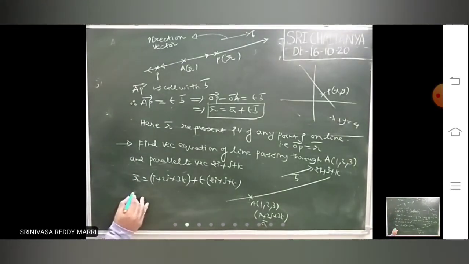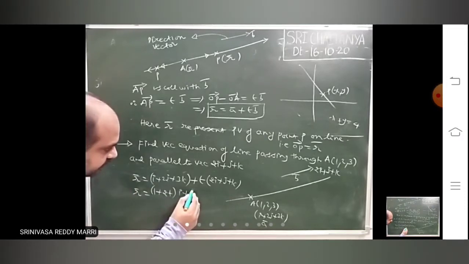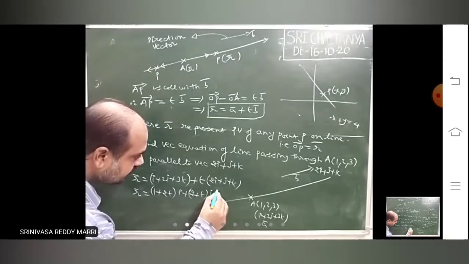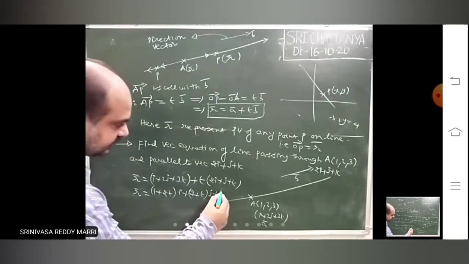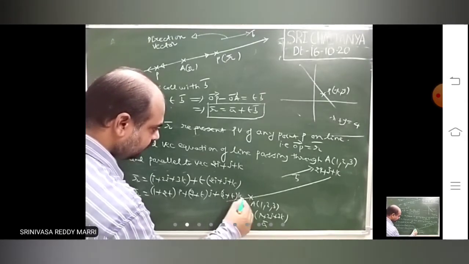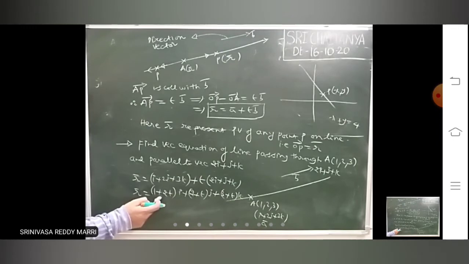That means the line can be represented in this form also. Taking common, (1 plus 2t) i plus (2 plus t) j plus (3 plus t) k. The line can be in this form or in this form.